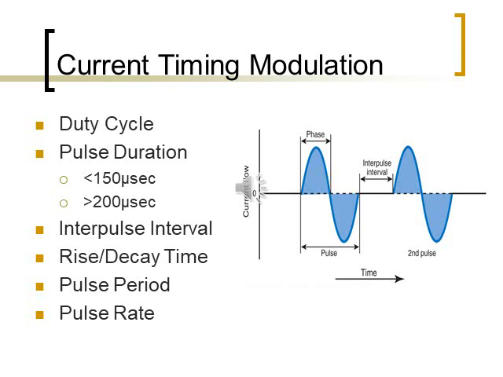We have what we would call a short pulse duration, which is anything less than 150 microseconds, and a long pulse duration, which is anything greater than 200. We'll talk about how you would set a short versus long pulse duration based upon the type of effect you want to get. You have the interpulse interval, which is the time in between the pulses as they get delivered to the patient. You have the rise and decay time, which we'll talk about.